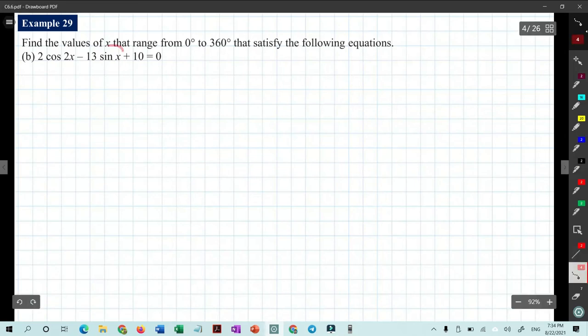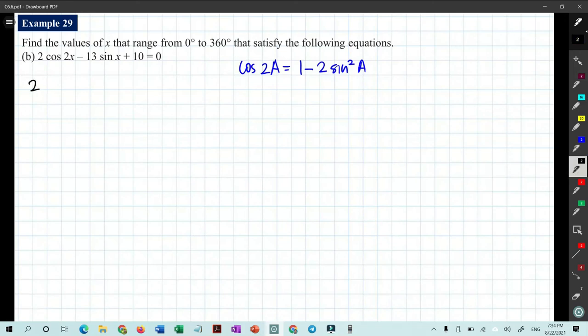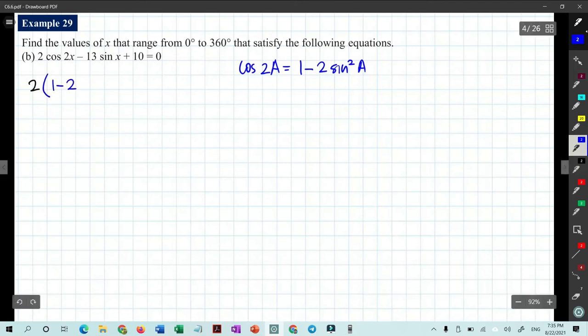Since we have sine x in this formula, the double angle formula that we're going to use here should be cos 2a equals to 1 minus 2 sine square a. So 2 cos 2x, I'm going to substitute with 1 minus 2 sine square x minus 13 sine x plus 10 equals to 0.